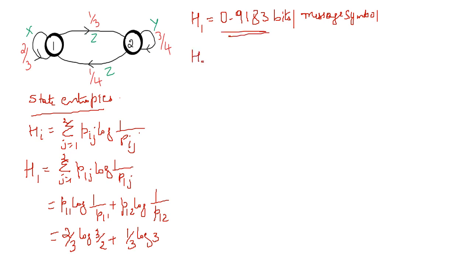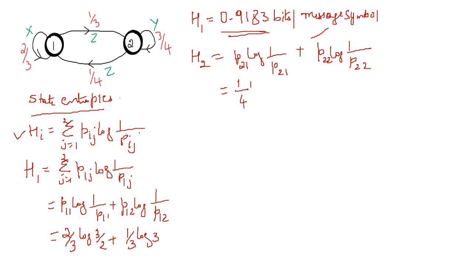Similarly, from the equation of your Hi given by this, we can write H2 is equal to P21 log 1 by P21 plus P22 log 1 by P22. We'll substitute the value. P21 is the probability of state going from 2 to 1, which is 1 by 4 here. 1 by 4 log 4.